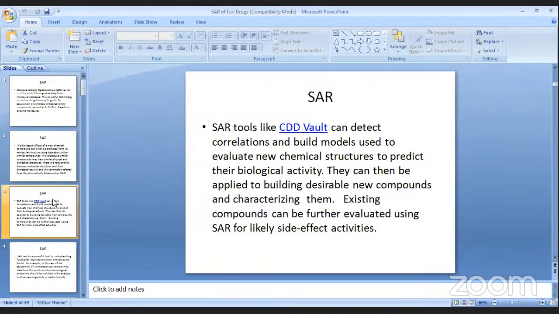So a new tool is available, that is computer drug design. It is a three-dimensional concept. With the help of computer drug design, you can easily detect the correlation between the molecules and the chemical structure.